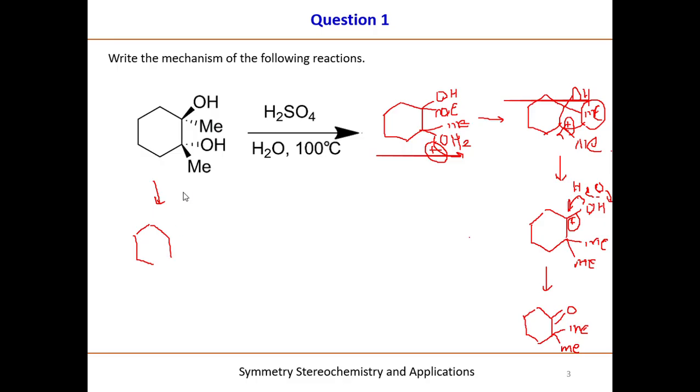Or I can write it here directly. After protonation, we can draw the chair conformation to better understand the elimination of the group.